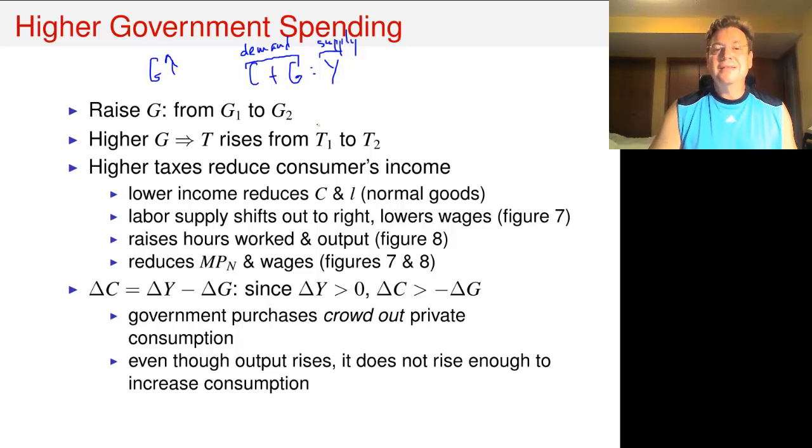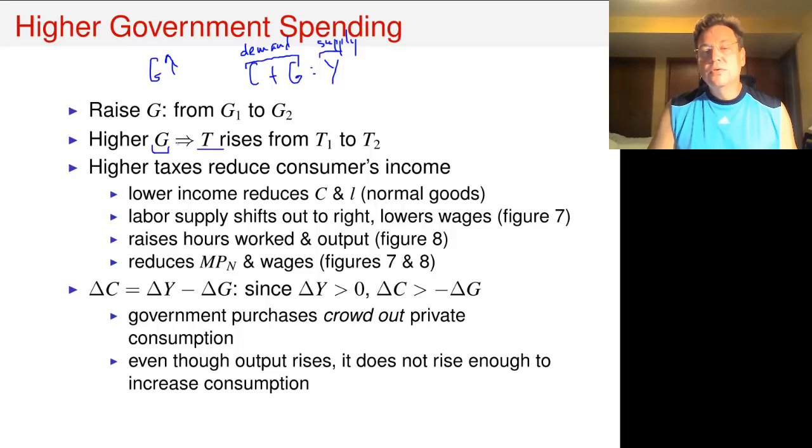But because we're taking this general equilibrium perspective, higher government spending has to be financed. So that is going to mean that lump sum taxes rise dollar for dollar with the increase in government spending. Of course, higher taxes reduce the consumer's income, and because consumption and leisure are normal goods, that's going to reduce their demand for consumption and leisure.